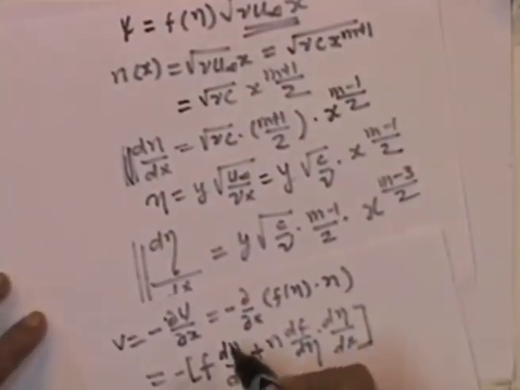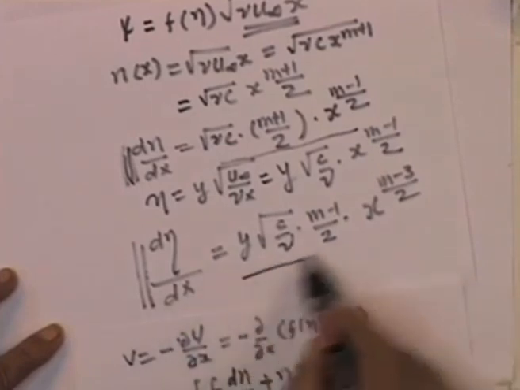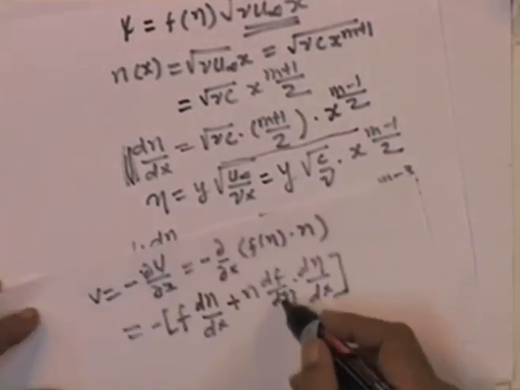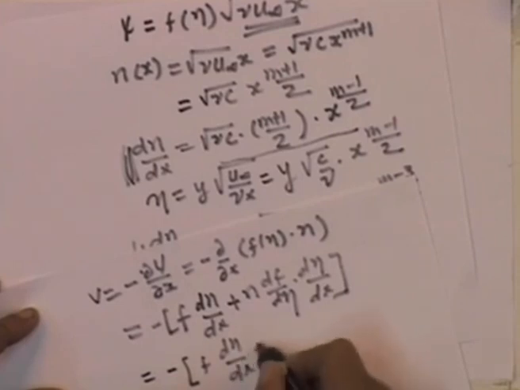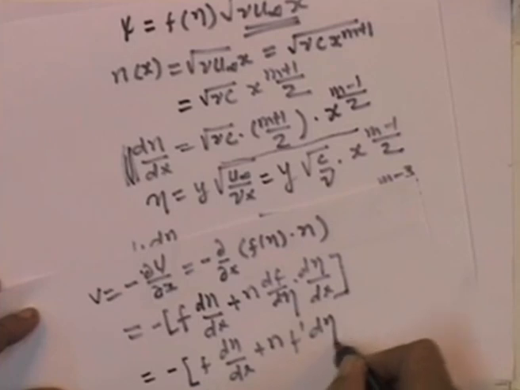If you substitute the last two derivations for dn by dx and for d eta by dx, and replace df by d eta by f dash, then this is nothing but f dn by dx plus n f dash d eta by dx.